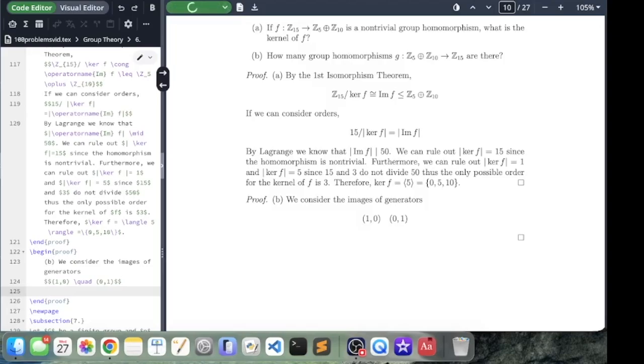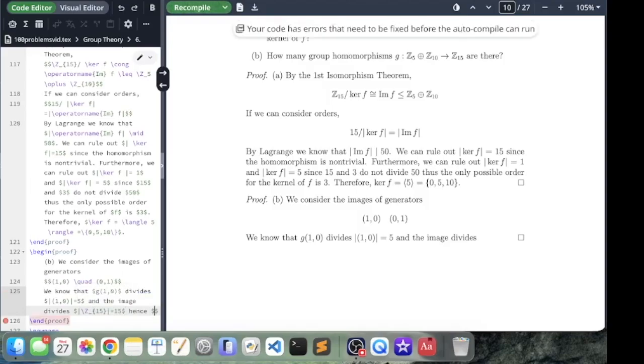We'll say that we know that the order of g of (1, 0) divides the order of (1, 0), which is equal to 5, and the order of the image divides the order of our codomain Z15, which is 15.